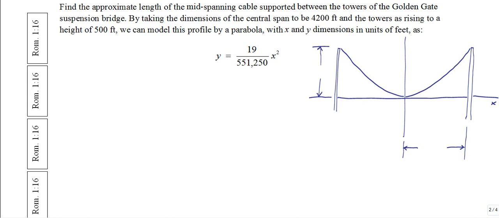If I split this up, let's say this is my y-axis, my x-axis down here, and the central span is 4,200 feet divided into two portions, this portion right here is 2,100 feet, and this other one is also 2,100 feet, and the towers are rising to a height of 500 feet.